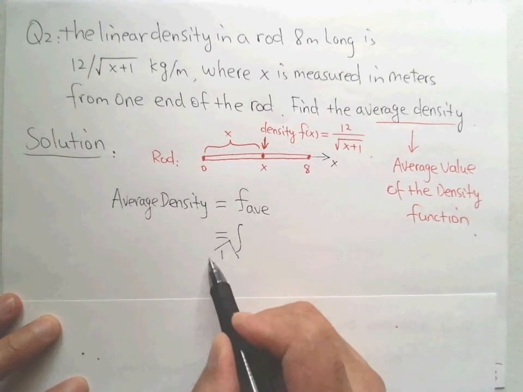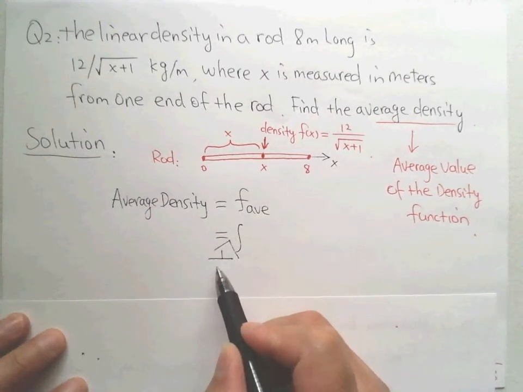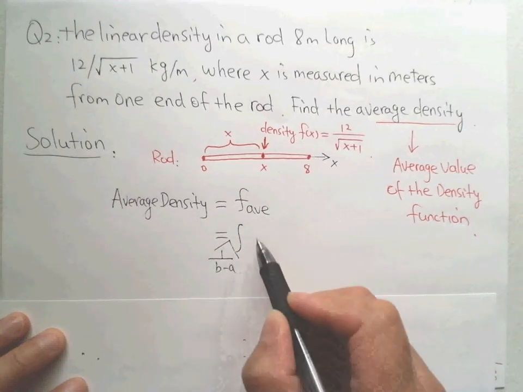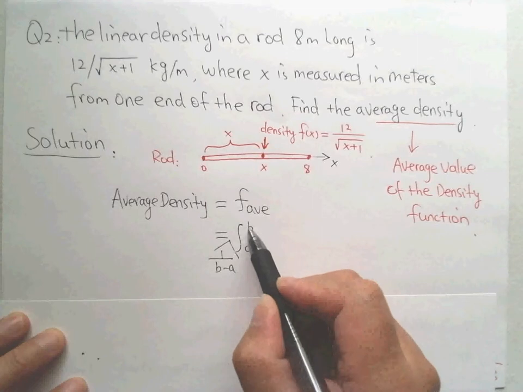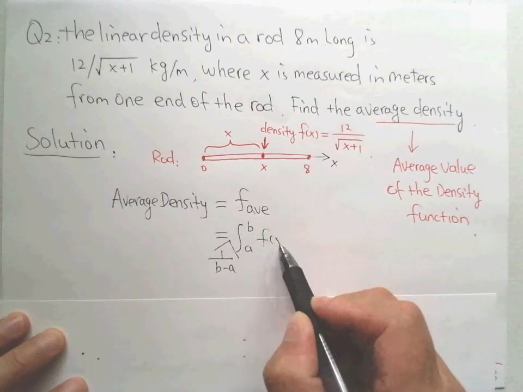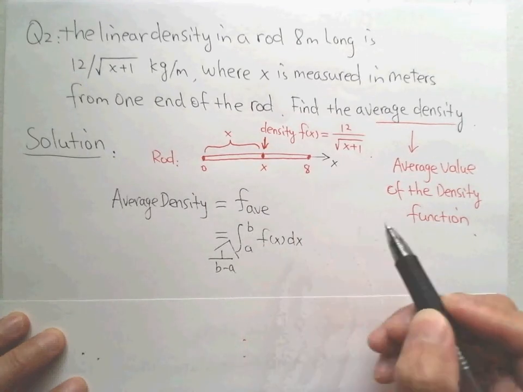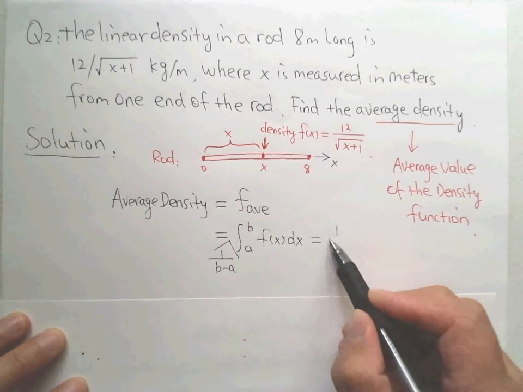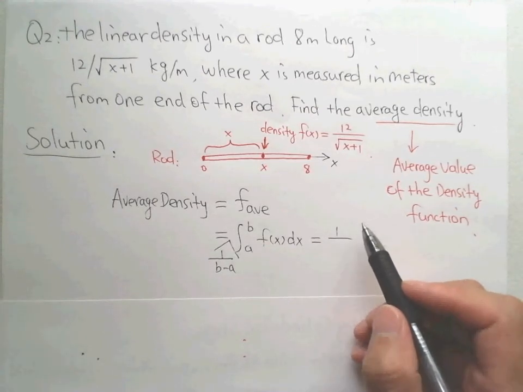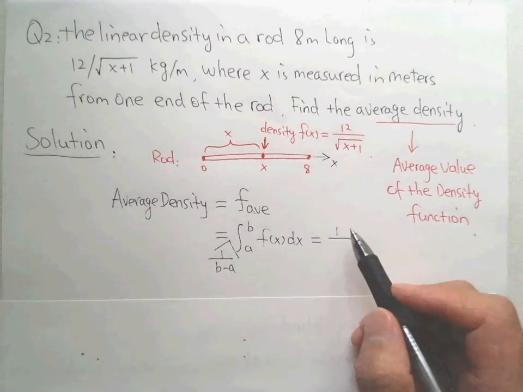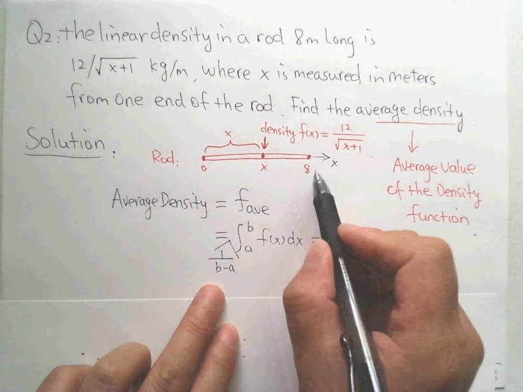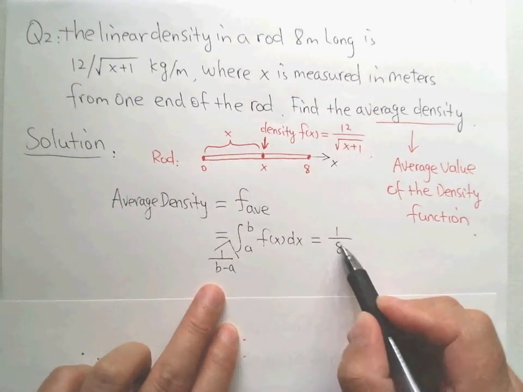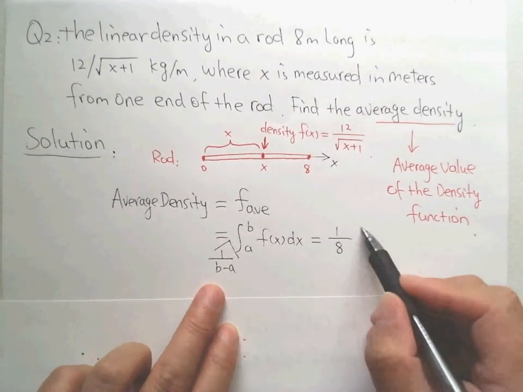The formula first: 1 over b minus a, integral from a to b of f(x) dx. Now I plug everything in. b is 8, and a is 0, so it's 1/8.